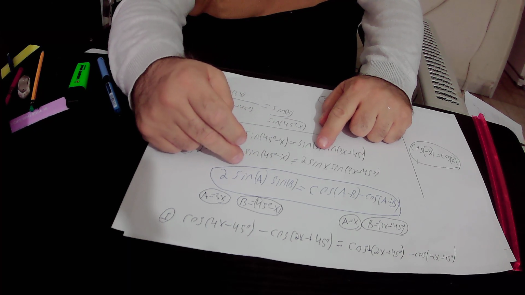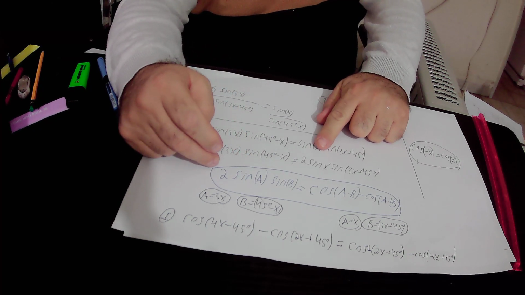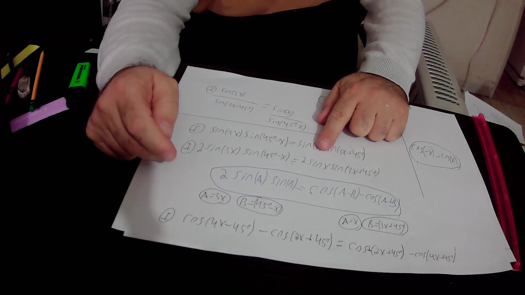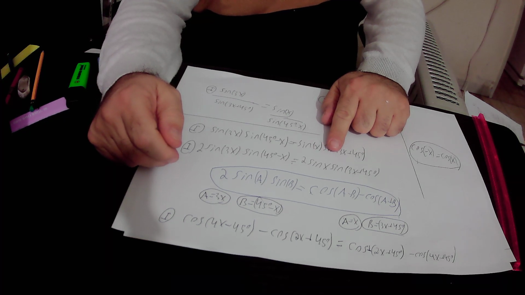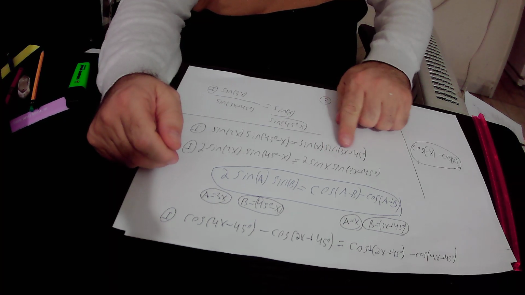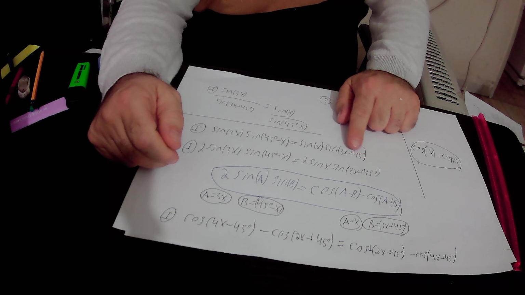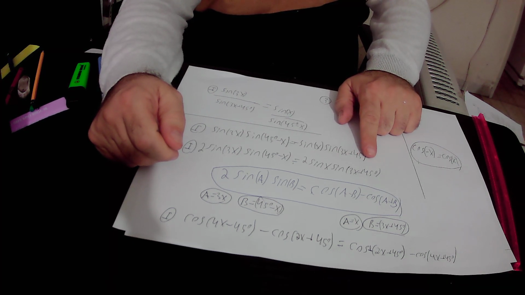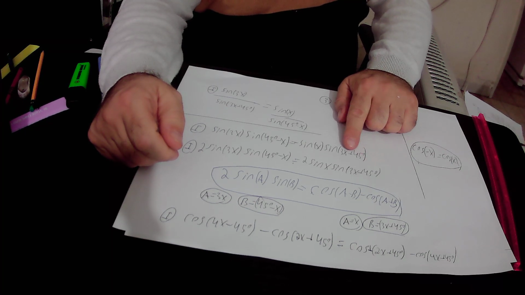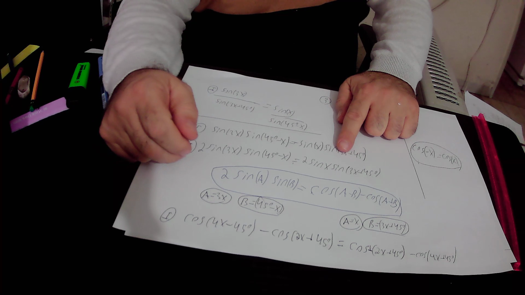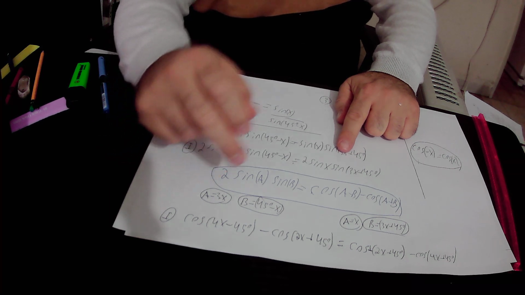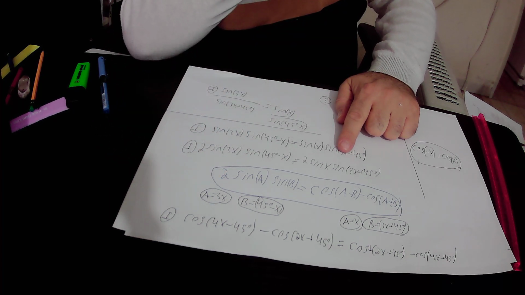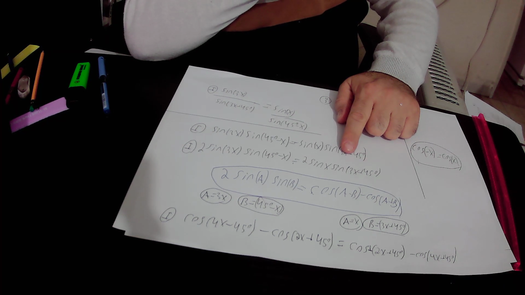Then we did the other side of equation number 1. Here 2 sine x times sine 3x plus 45 degrees. Here we know that A equals x and B equals 3x plus 45 degrees. And we get that it equals cosine A minus B. Cosine A is x, B is 3x plus 45 degrees.